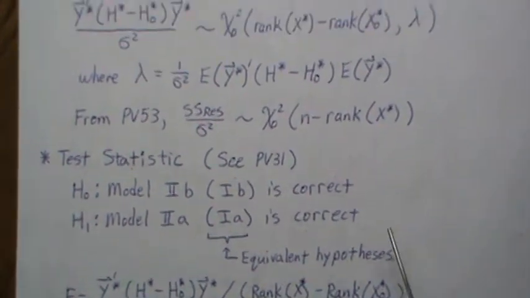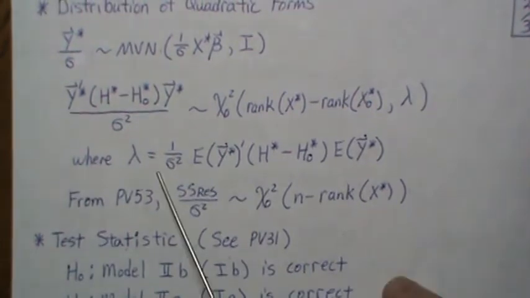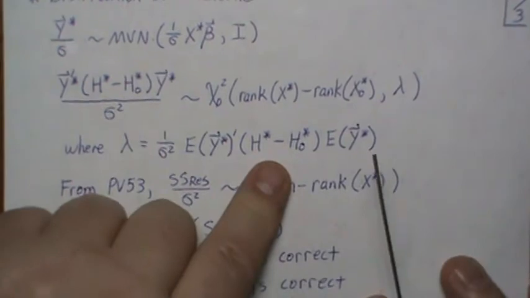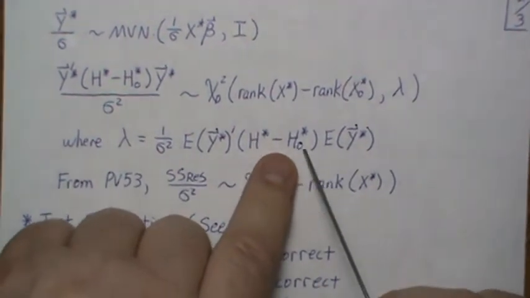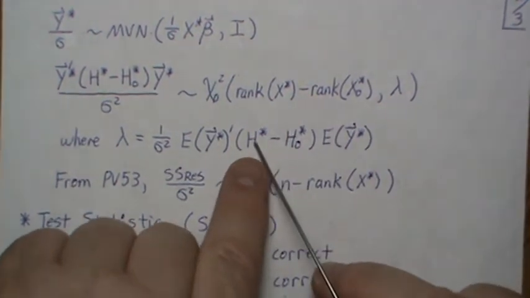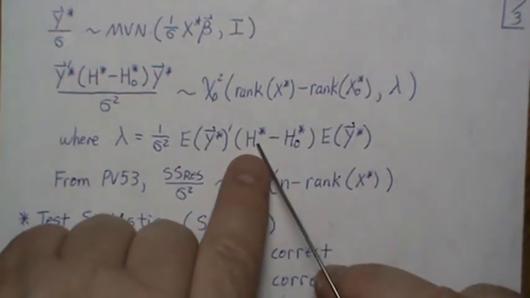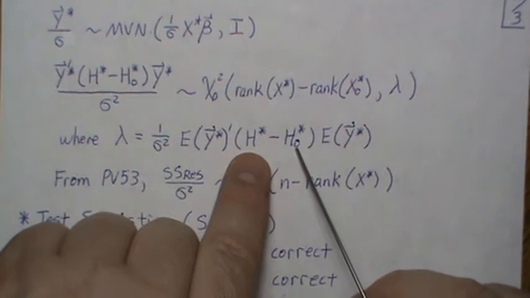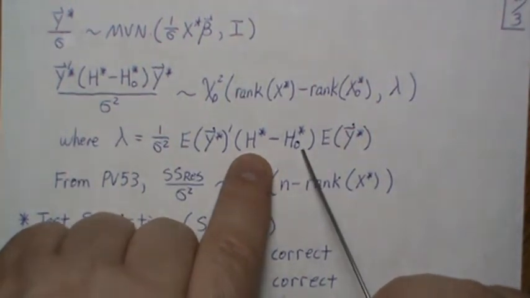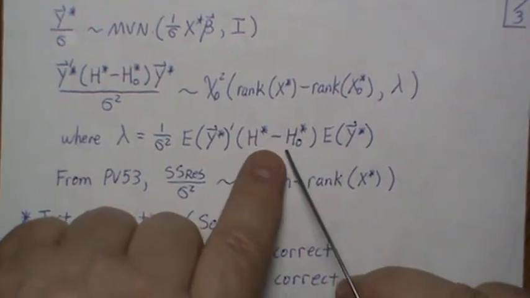And one way to think about that, lambda is this. So this is a perpendicular projection matrix that if you pre-multiply it times some non-zero vector, then it shoves it in the column space of X star, but perpendicular to the column space of X naught star. So it's a non-zero vector in here.